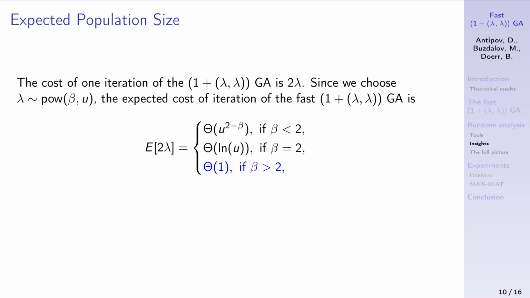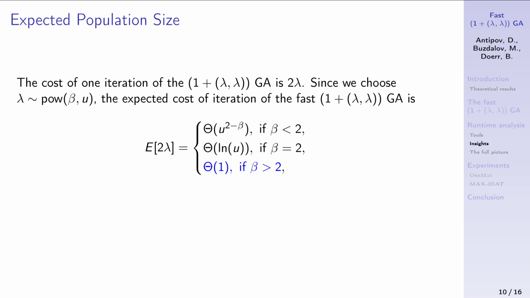Using the estimates of the partial sums of the harmonic series, we can show that the expected cost of one iteration can be super constant if we use super constant u and beta less than or equal to 2. However, it becomes constant independently of u if we use beta greater than 2.